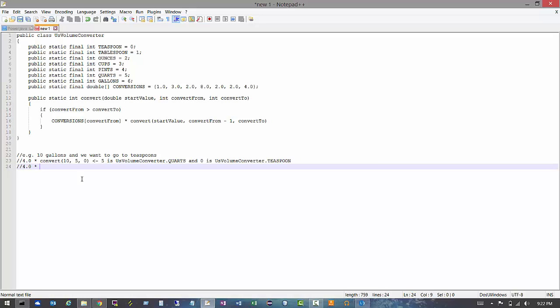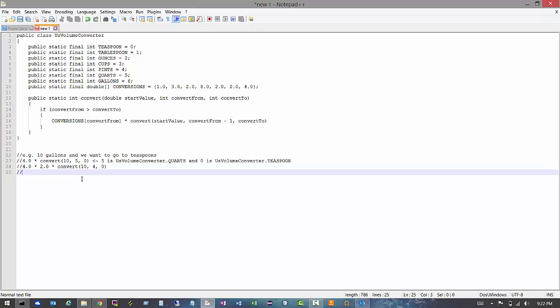Convert from is definitely bigger than convert to, so I'm going to pull the next number, which is 2.0, and multiply that times convert with the same base, 1 less on the from, and the same endpoint. 4 being pints, 0 being teaspoons, and if you just follow the logic, 2.0, when I do a convert with 10, 4, and 0, 4 is greater than 0, so that means I grab the next element, which is now index 5, times convert 10, 3, 0.